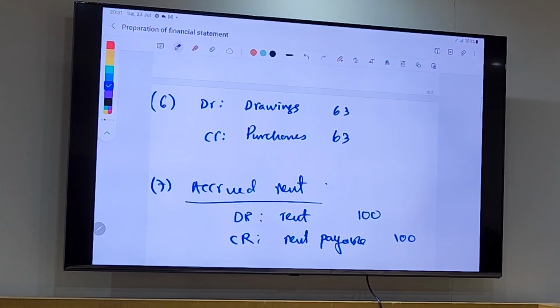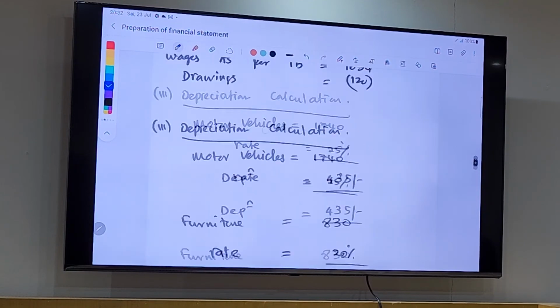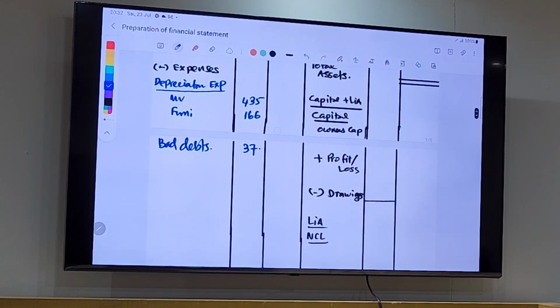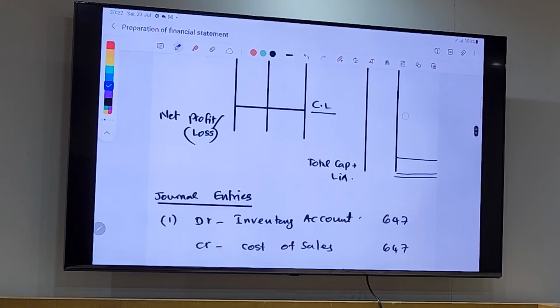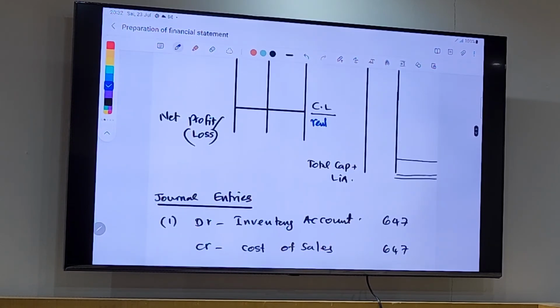You have already paid only 500, but you need to pay a total of 600. So now what we do? We go here, rent 500 plus 100, it will be 600. Here, rent payable, 100.